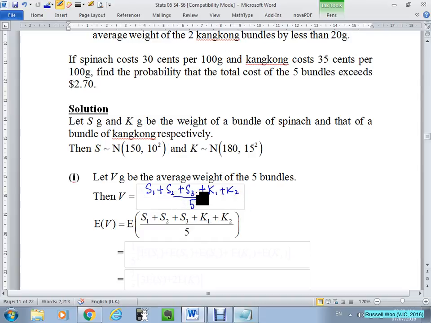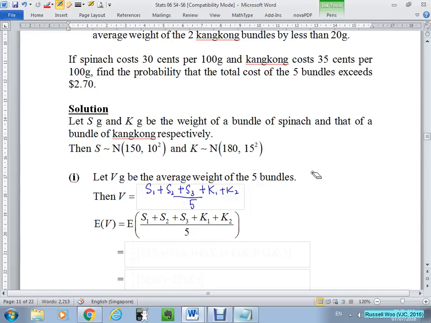Now be very careful, okay? That will clearly give you the average of 5. Don't say it's S bar plus K bar over 2. Clearly wrong. It's just the average of 5, it must be divided by 5. Follow? Okay, so with this, then we can carry on.